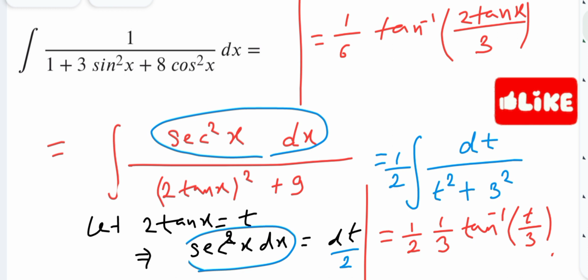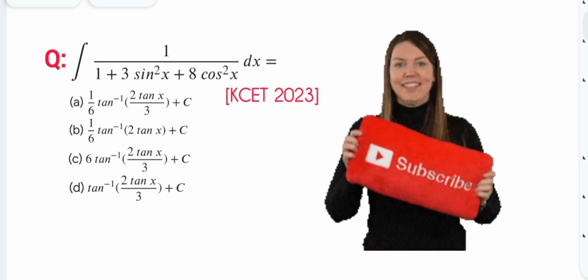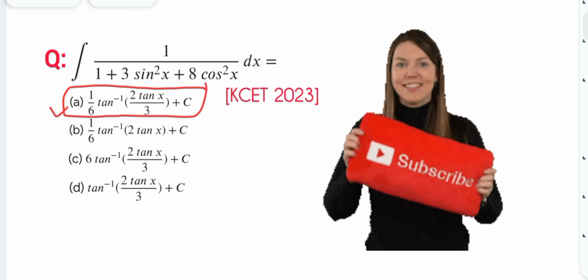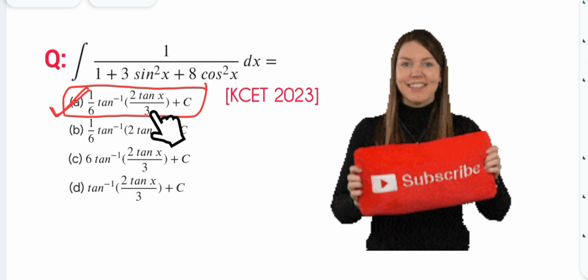If you see in your options, 1 upon 6 tan inverse 2 tan x upon 3, so option A is the correct option.